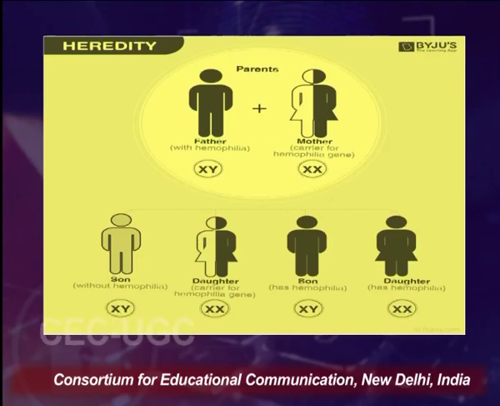So you can see they have 4 children, or 4 offspring, in which the son has XY, where the X came from the mother and the Y came from the father, and this boy does not have any disease. Whereas one of the daughters is a carrier, having half the disease trait and half the non-disease trait. Then the other son and daughter are both diseased, having the traits from the mother and the father which represent the disease.